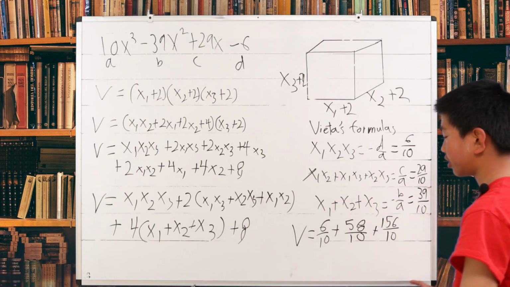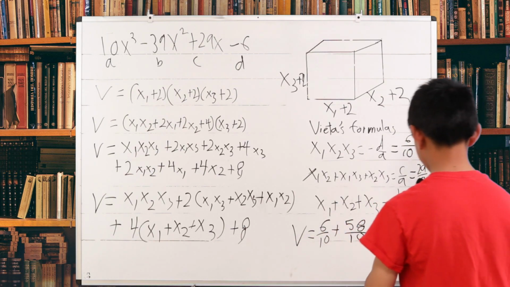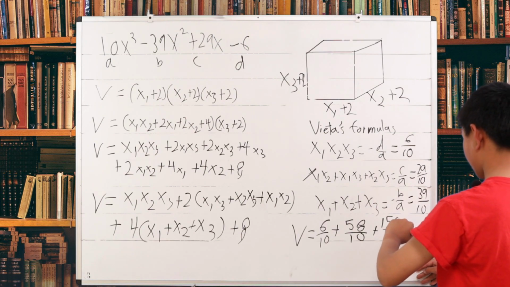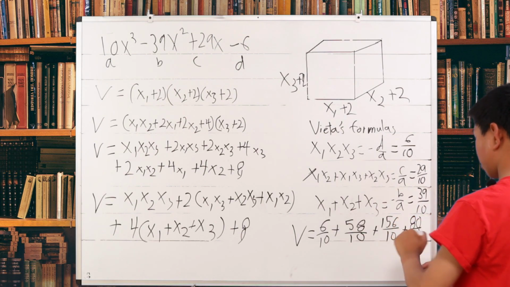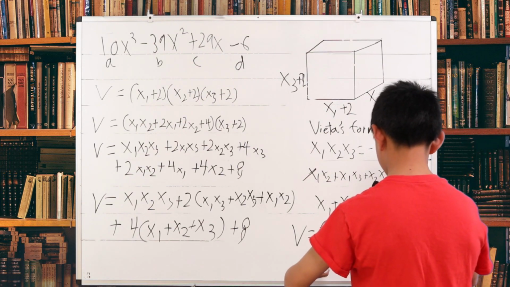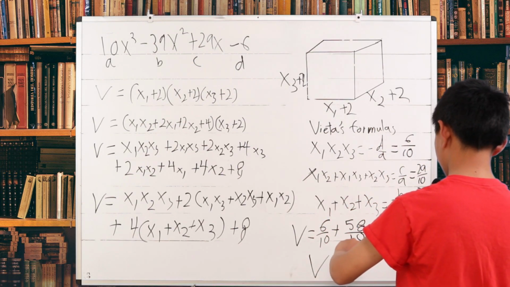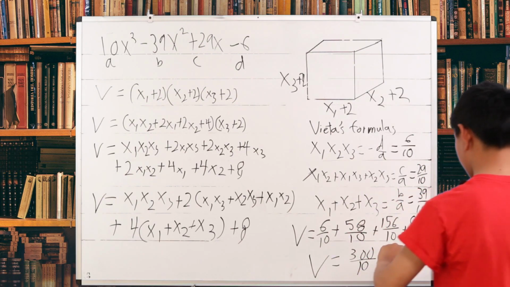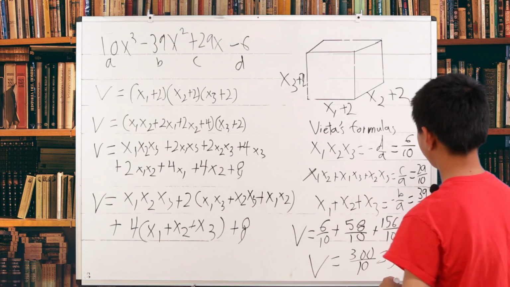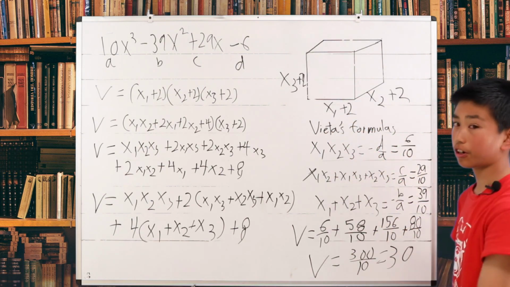And remember, we still have the 8 at the back. To make it a tenth, we can just make it plus 80 tenths. So after this, you get that V is equal to 300 divided by 10, or 30. So the volume of this cube is 30.